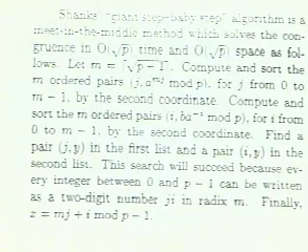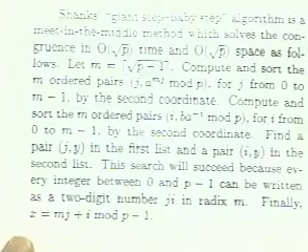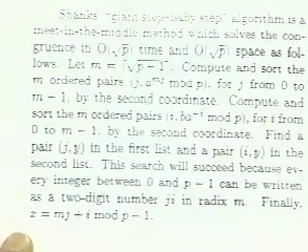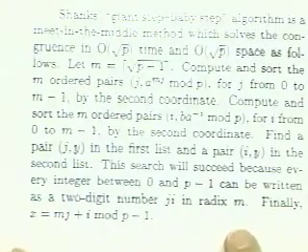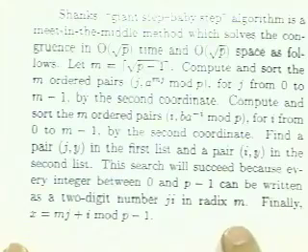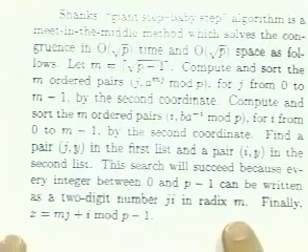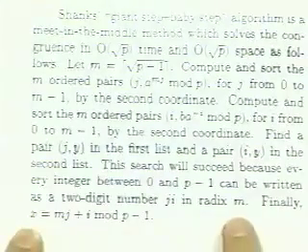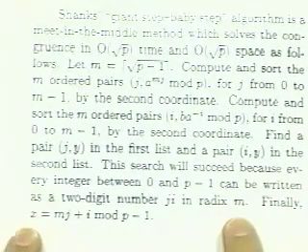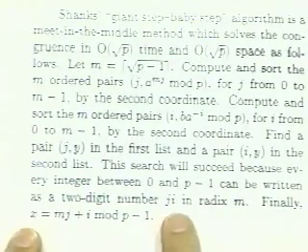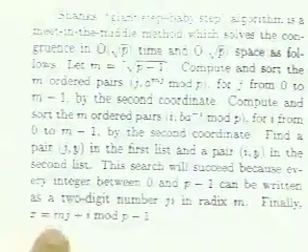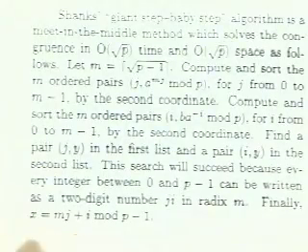Since x is between 1 and p minus 1, this would be a two-digit number. That is, it is between 1 and m squared minus 1. So you can write this x as a two-digit number in radix m. Write it as the number ji. In that case, x is equal to m times j plus i.